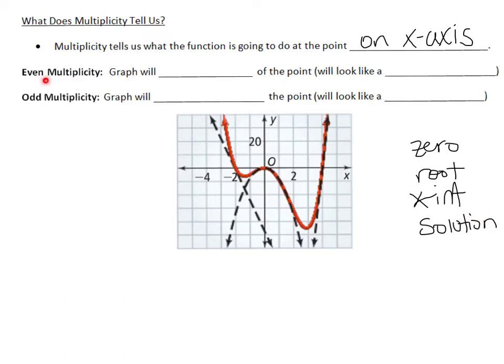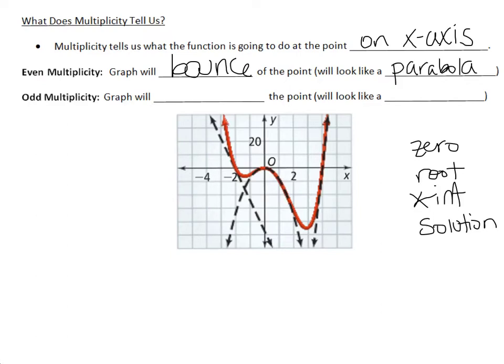Alright, so if we have an even multiplicity, so the problem before we saw multiplicity of 1, well that was odd. Multiplicity of 2, that was even. So with even multiplicity, our graph will bounce off of the point, and our graph will appear to look like a parabola, as far as there will be a turning point there.